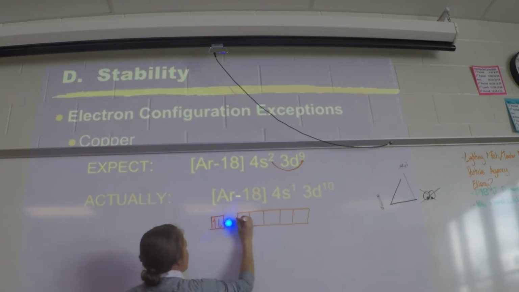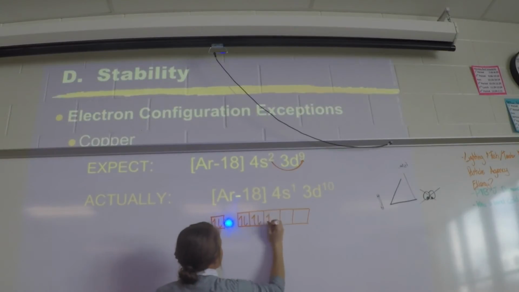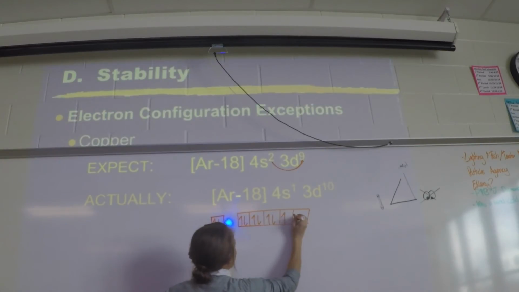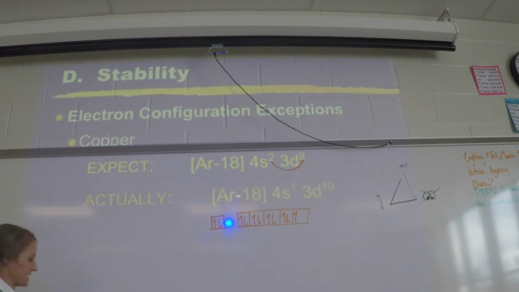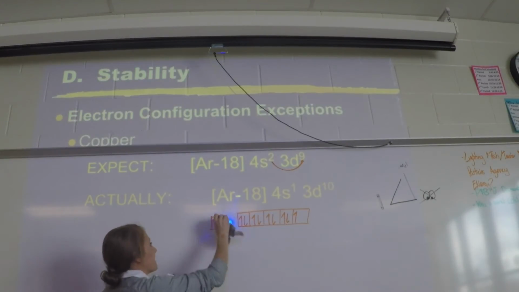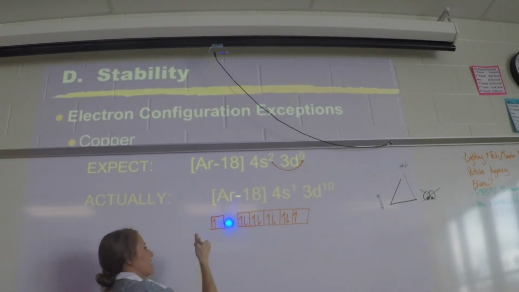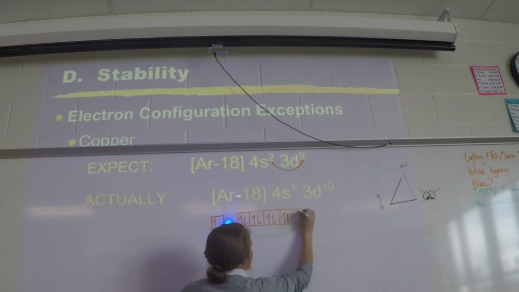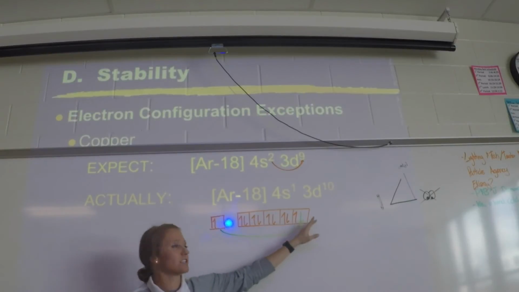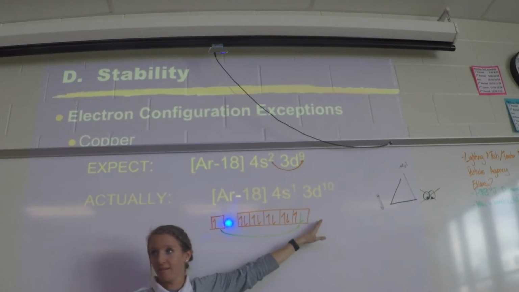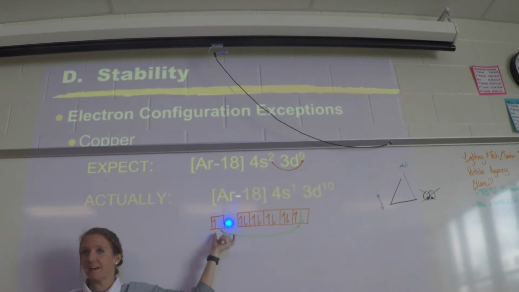Okay, so originally we'd have something like this. What we've done is it said, okay, I'm going to take this electron here and bump it up over here, because now not only is this totally full, how is this classified?